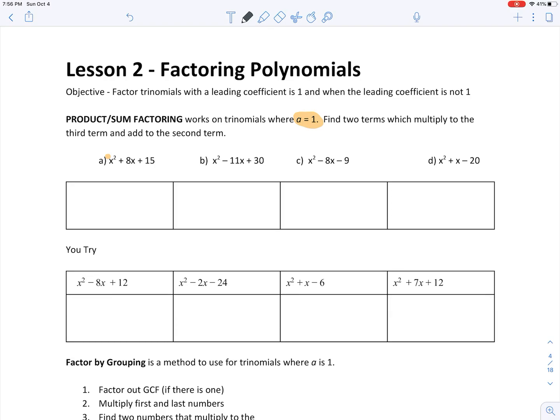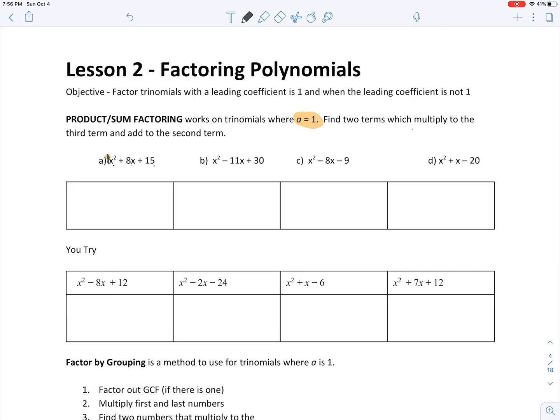So let's look at some examples when a is 1, when the coefficient of x squared is 1. Now we're factoring this. We're trying to find two things that we can multiply to get x squared plus 8x plus 15. So if it's a trinomial, 1, 2, 3 terms, and the leading coefficient is 1, this method will work.